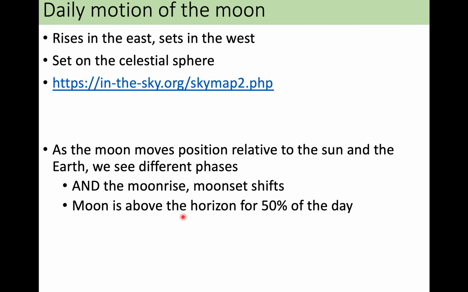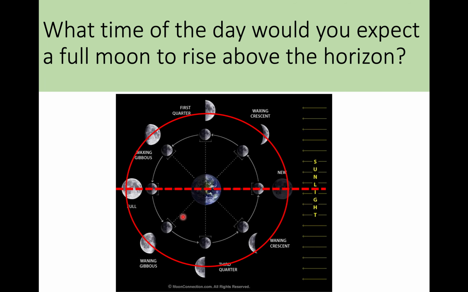So where is the moon relative to the sun? That's going to determine when we see the moon above our horizon. So let me explain that a little more. A question like this: what time of the day would you expect a full moon to rise above the horizon?